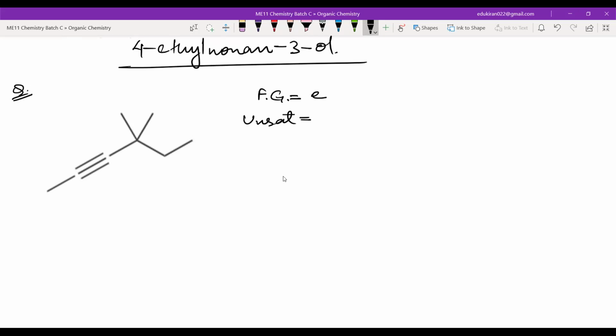YN. Yeah. And parent. Where should I start from? A, B, or C? Where should I start from? A, B. A. Now where should I start numbering from?